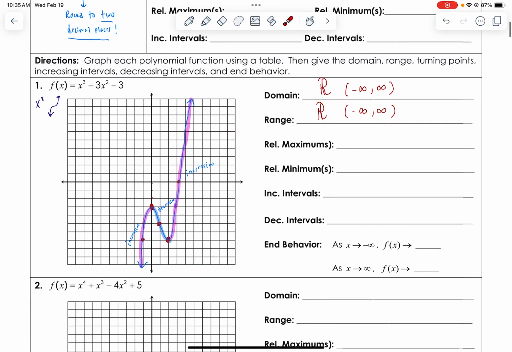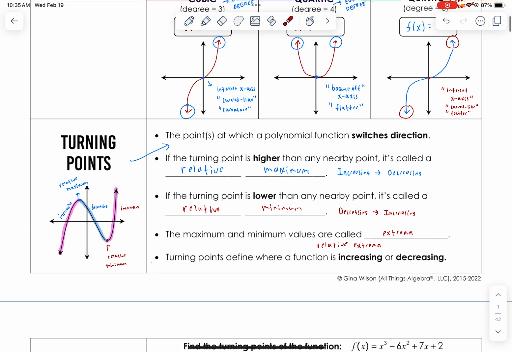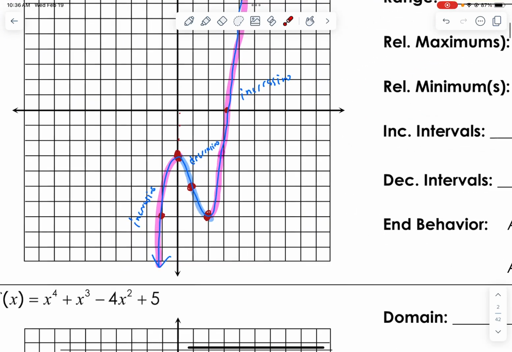Here, once again, we'll have a relative maximum when our function goes from increasing to decreasing. So going from the left, we go from increasing to decreasing. That means that this point right here is our relative maximum.